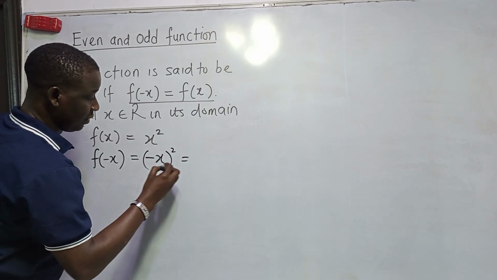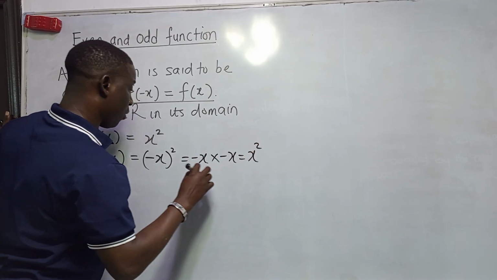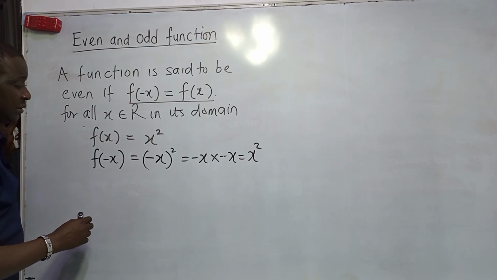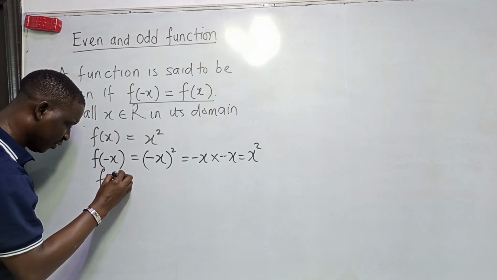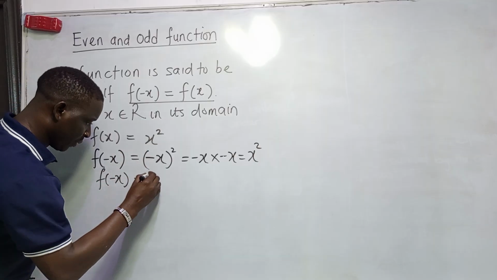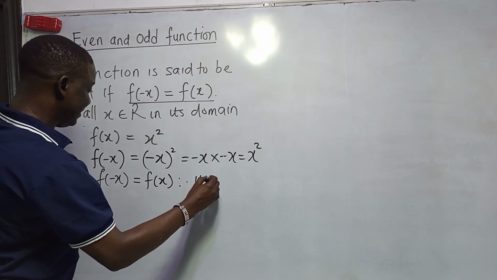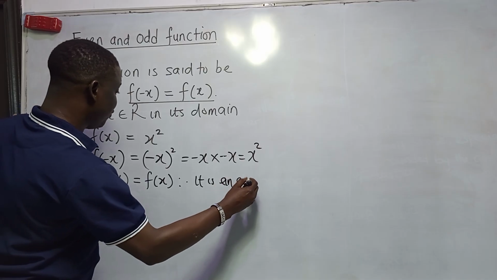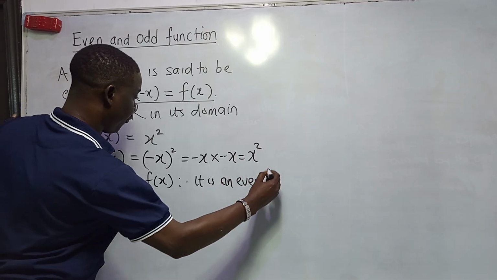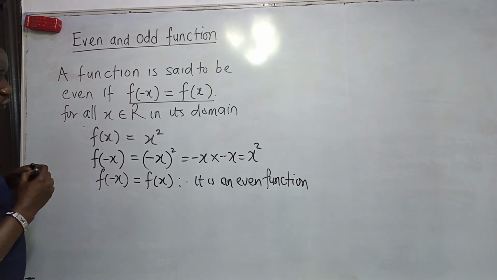So what do we have? Minus x times minus x will give us x squared, because minus times minus is plus. Now f of minus x is going back to the original function, f of x. Therefore, it is an even function. So that's what we conclude for this function.